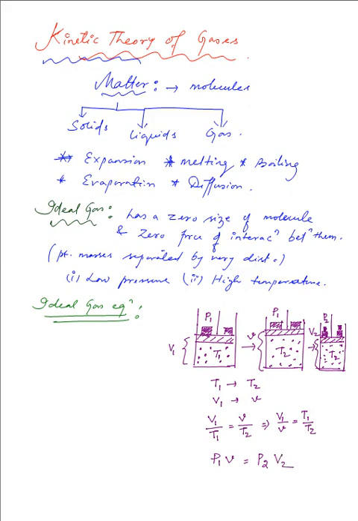And from equation 1, let this be equation 1 and this be equation 2. From equation 1, we have the value of this V. We substitute this value of V from equation 1. What do we have? P1, and for V over there is T2 by T1 times V1, and here we have P2 V2.